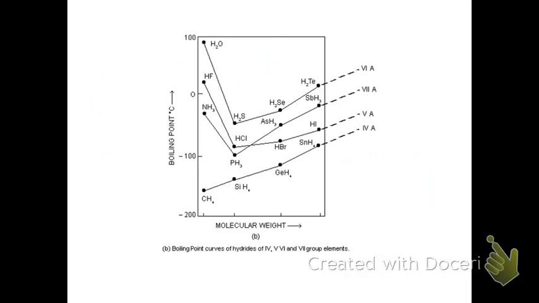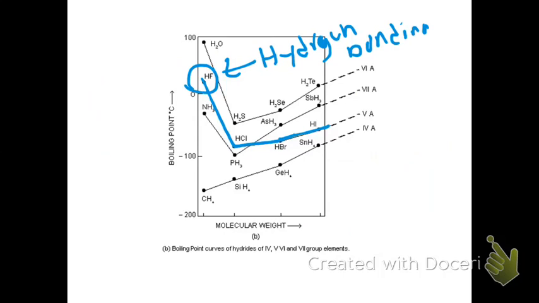Alright, so let's go back up here, and we'll look at these other groups. Let's do HF, HCl, HBr, HI. Now here, HF is going to have the highest boiling point due to hydrogen bonding, because HF has fluorine in it. But HCl, HBr, and HI will not form hydrogen bonds.